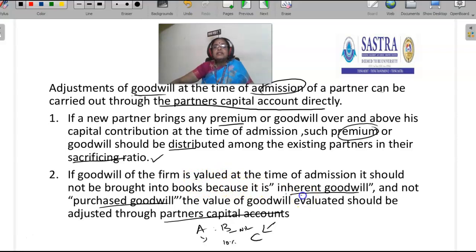That goodwill is called inherent goodwill and it is not purchased goodwill, so it should not appear in the balance sheet.